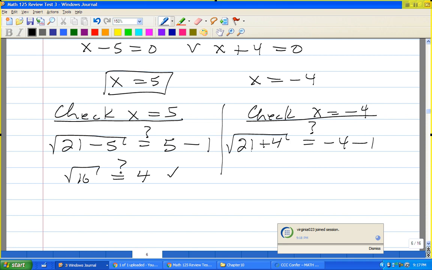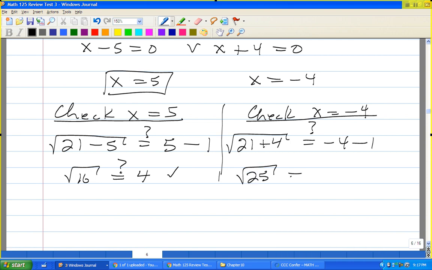And so 21 plus 4 is 25. Is the square root of 25 equal to negative 5? And the answer is no. And so I have to get rid of this contender. So only x equaling 5 is a solution for this particular radical equation.